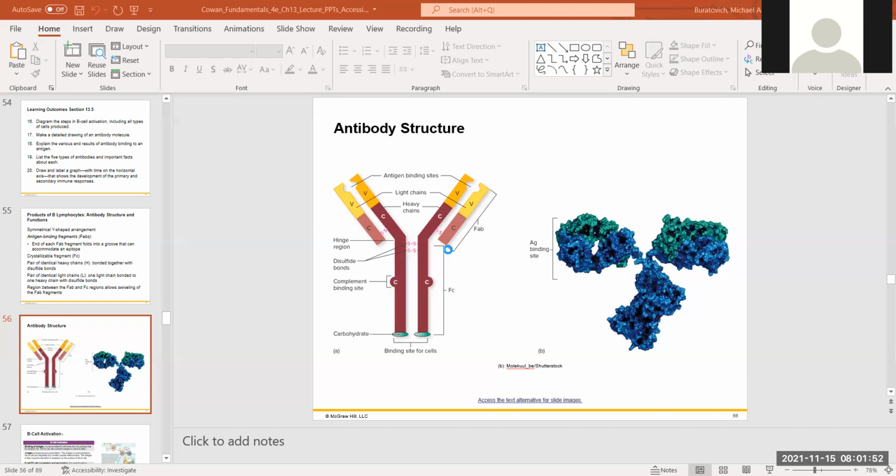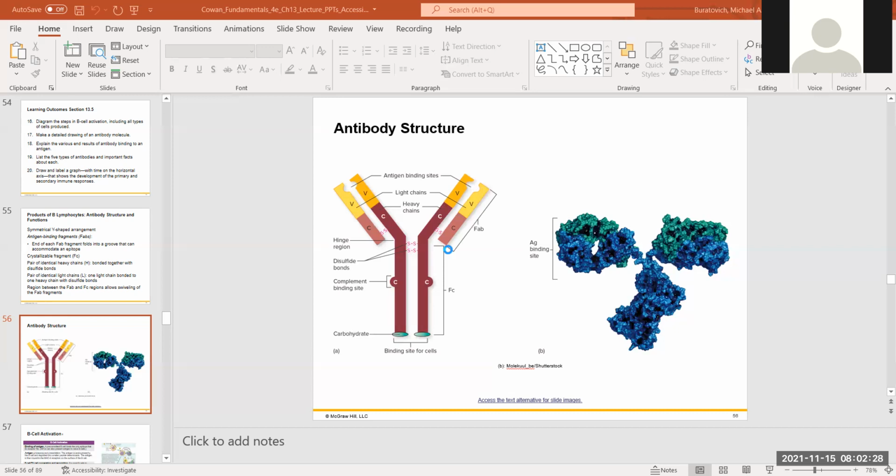All right, now let's talk about this little table here that talks about the functions of antibodies. We have already really talked about those to some extent. As the B cell gets activated by the binding of the antigen to the external membrane-bound antibody, the antigen can be presented to it.